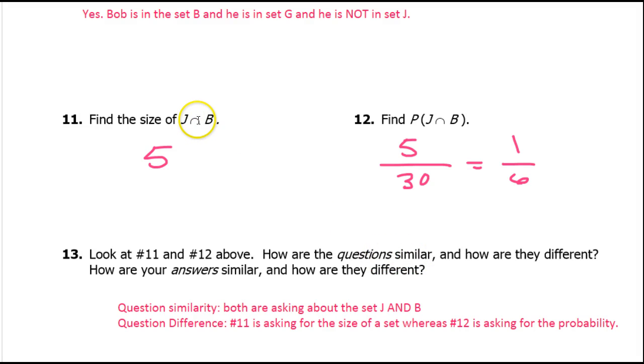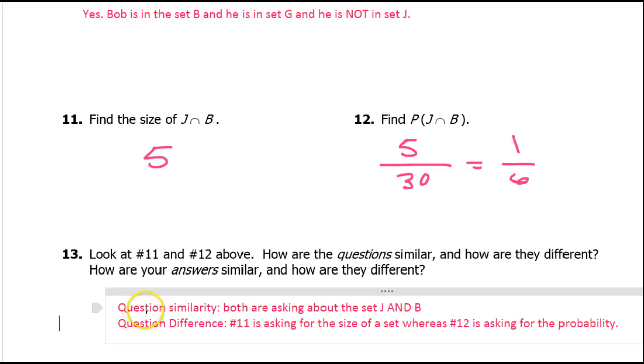Well, both questions are asking about the set J and B. So question similarity, both are asking about the set J and B. The question difference is that number 11 is asking for the size of the set, whereas number 12 is asking for the probability.